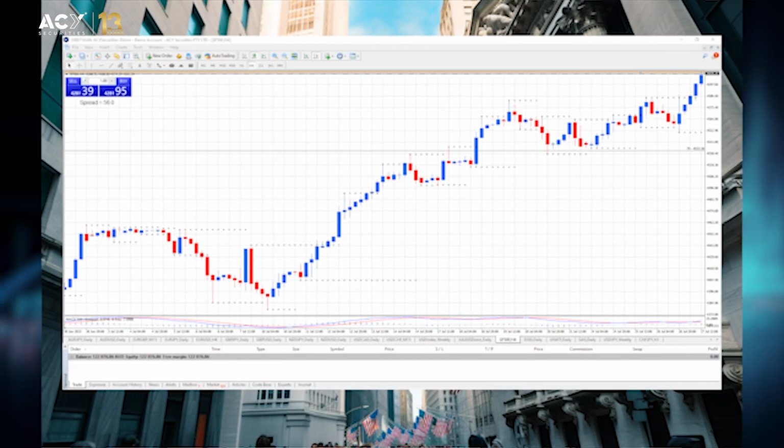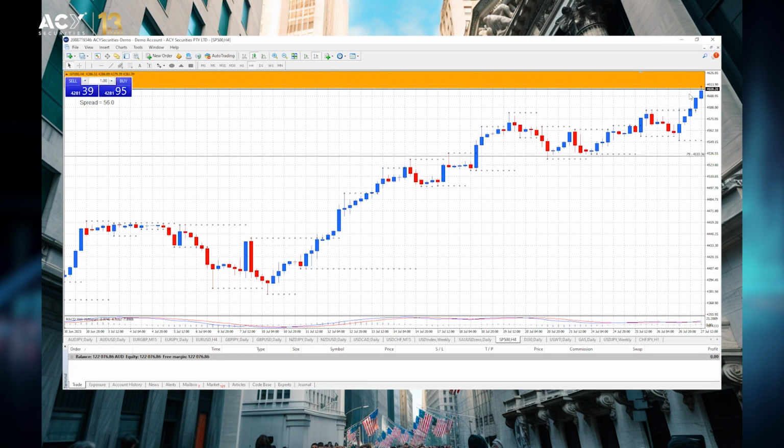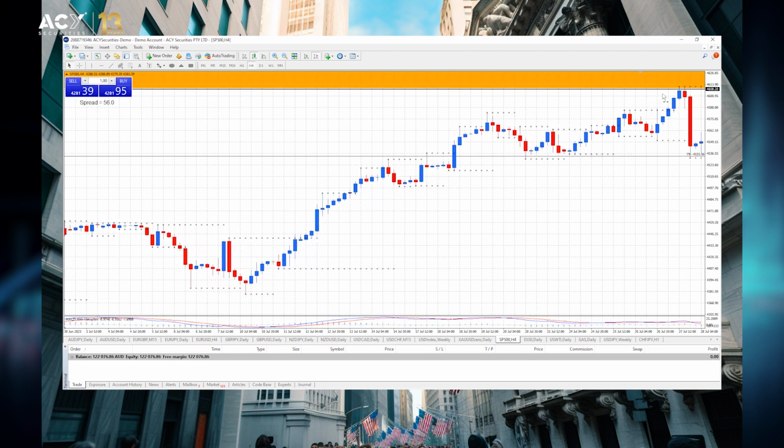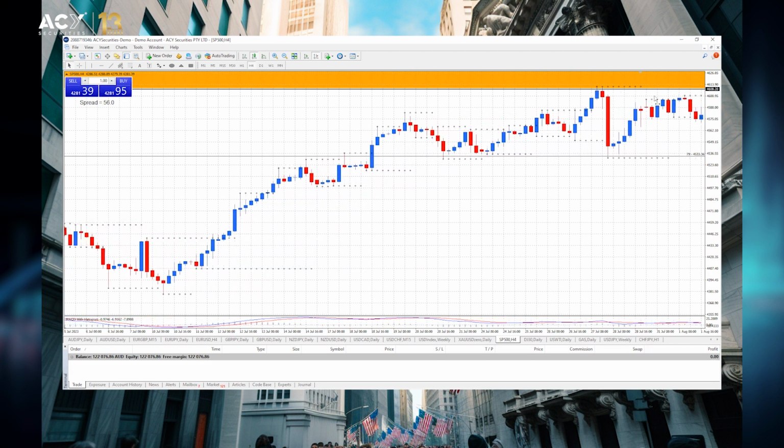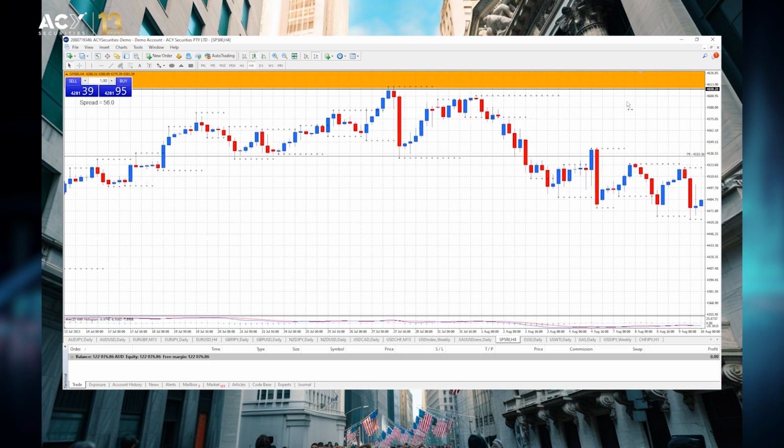The other one I want to look at: if we've got a strong US dollar, I was looking at some weakness on the US indices, the US stock market. Very similar scenario here, folks. The stock market had been selling off, putting in lower tops and bottoms. We were looking at a weekly chart and we had a retracement, very similar to the euro against US dollar and the Aussie against US dollar.